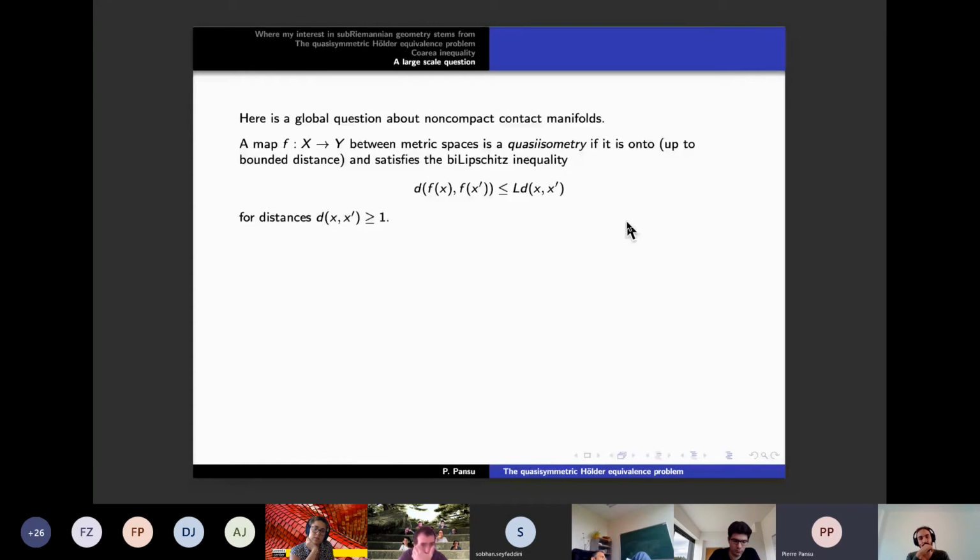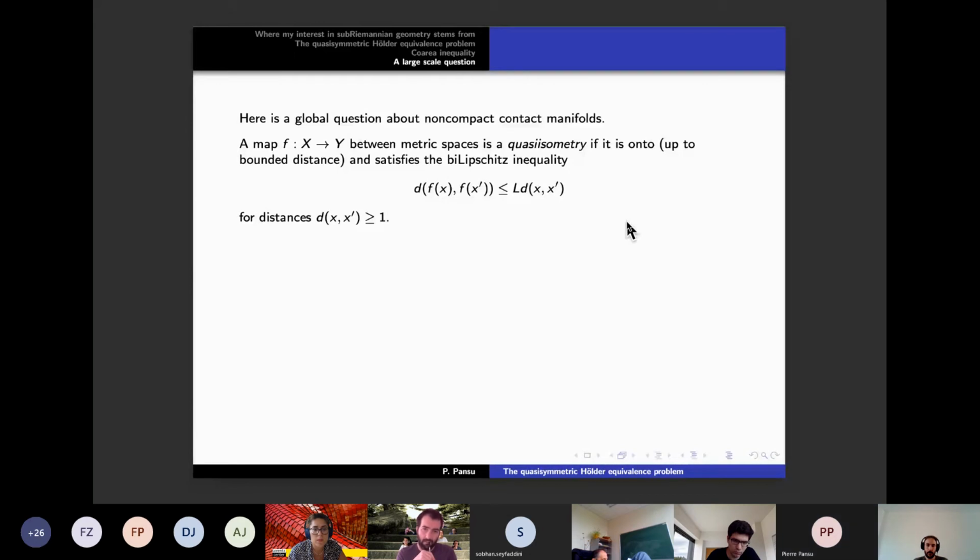You've seen the route I followed to reach compact contact manifolds was starting from a non-compact Riemannian manifold and its large-scale geometry. And now, why not study the large-scale geometry of sub-Riemannian manifolds, including contact manifolds?